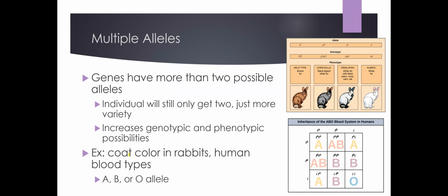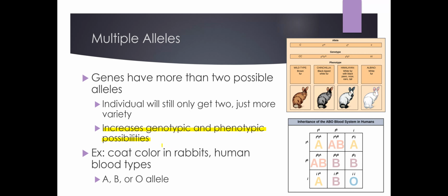Another type of inheritance that may not meet Mendel's ratios is if there's more than two possible alleles. So once again, with Mendel, every single one of those pea plant traits had one dominant, one recessive, and that was it. But in a lot of traits, there's more than just two possible alleles. And the more possible alleles you have, the more possibilities you have. So what happens is, by increasing the number of alleles, you increase the genotypic and phenotypic possibilities.